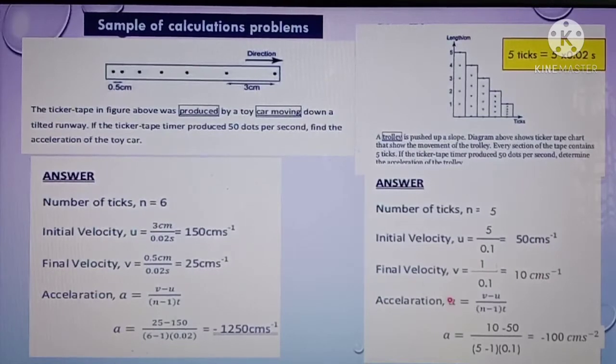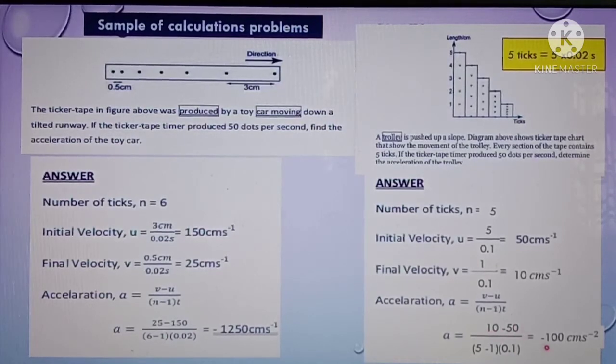So acceleration equals v minus u divided by t. So the time taken for the tape chart is number of strips minus 1 multiply time for one strip. Okay, so here we have 5 strips. So 5 minus 1 times 0.1. So you substitute the value of v and u.